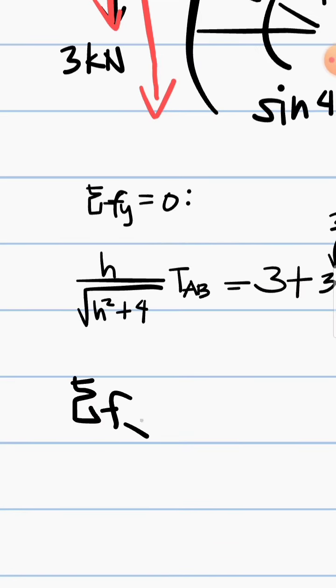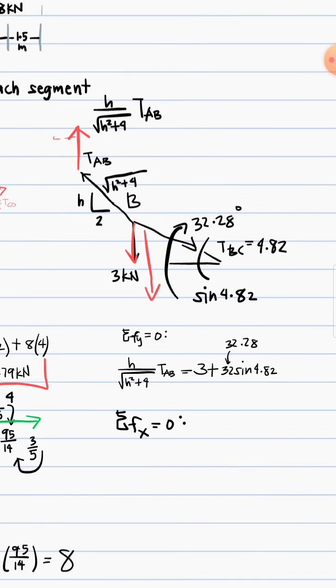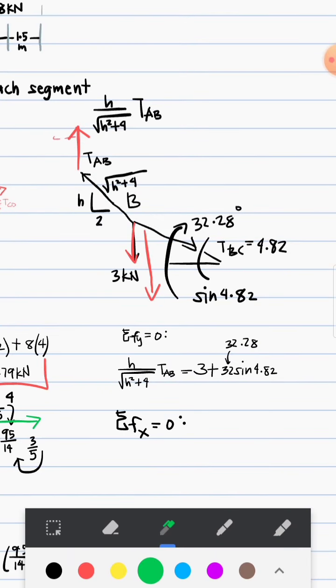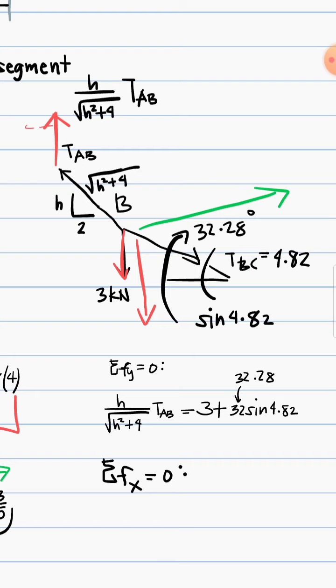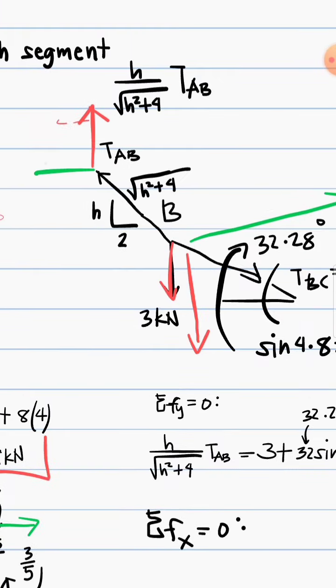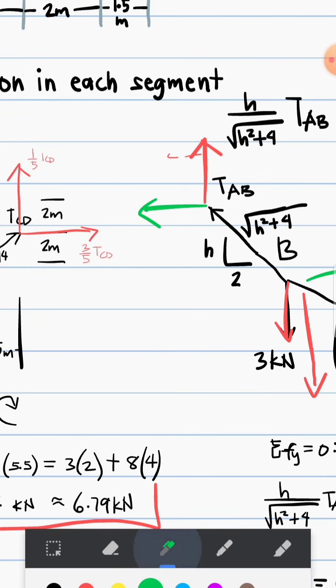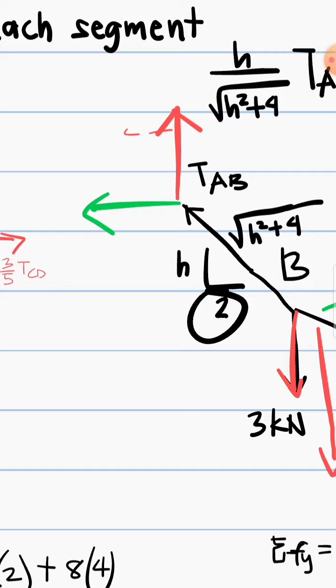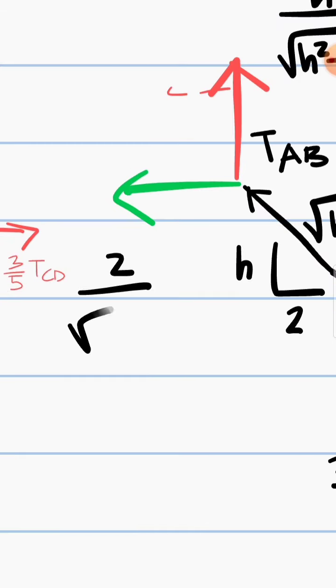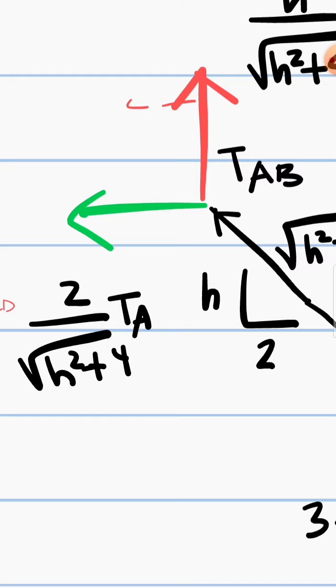forces in the x direction. For the x direction, let me tilt this so it's not in the way. For this one, this is just this horizontal. So 2 over square root of h squared plus 4 times TAB.